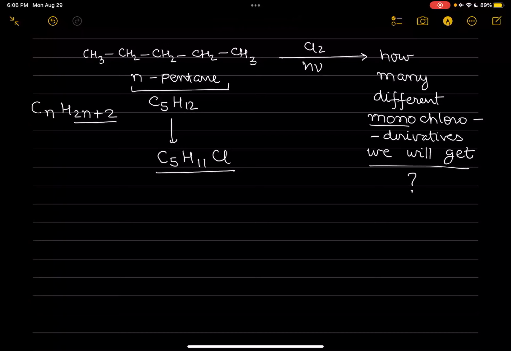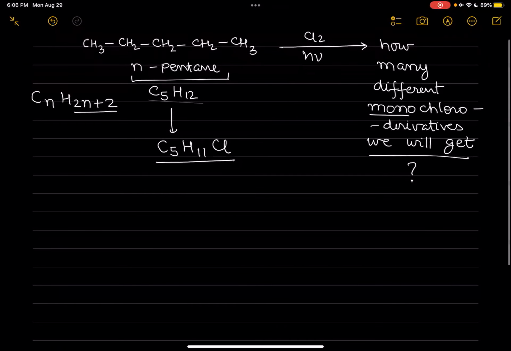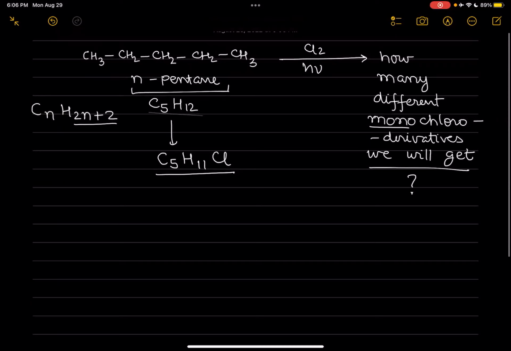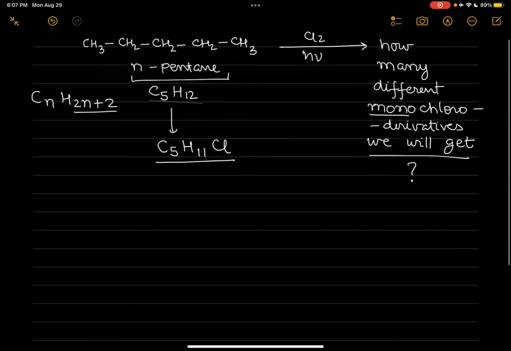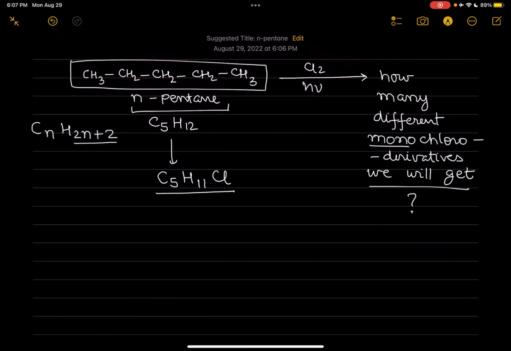That's what the question is asking. So for that we need to look at the structure.